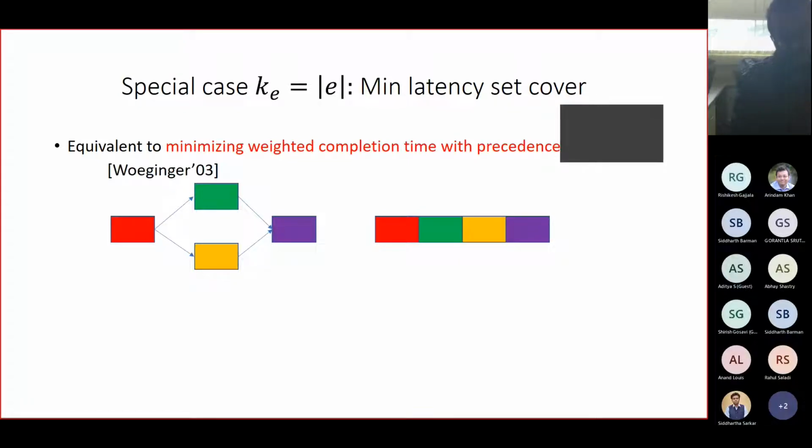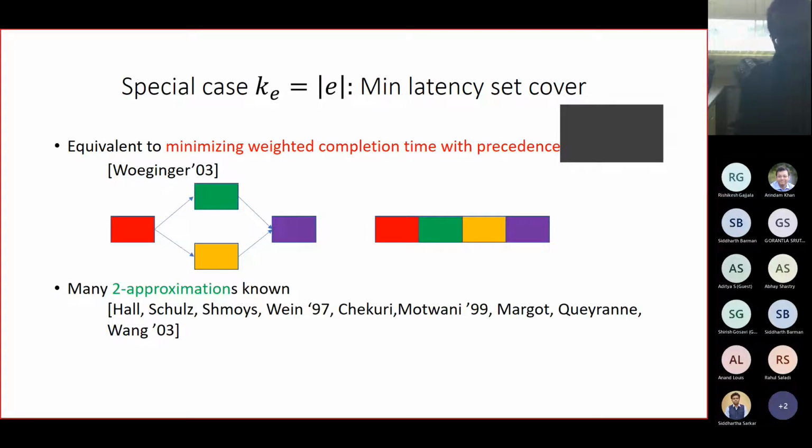And using this equivalence, you can actually get a 2 approximation for this min latency set cover. There were lots of different results by Hall, Schulz, Shmoys, Wein, Chekuri, Motwani, Margot, Queyranne, Wang, and many others.